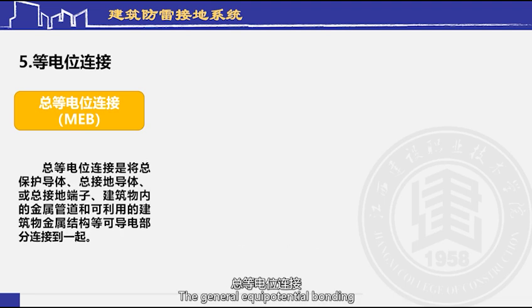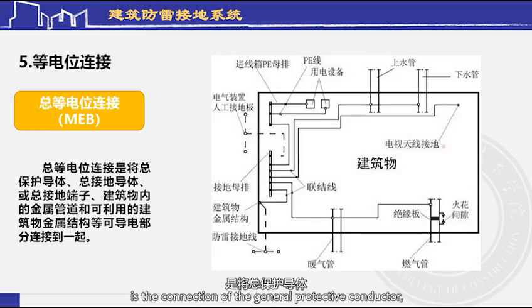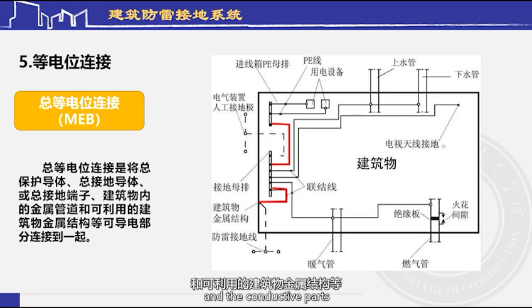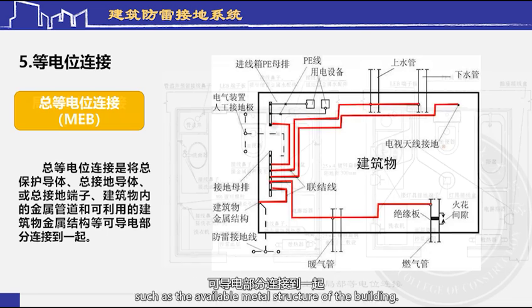The general equipotential bonding is the connection of the general protective conductor, the general grounding conductor, or the general grounding terminal, the metal pipes in the building, and the conductive parts, such as the available metal structure of the building.